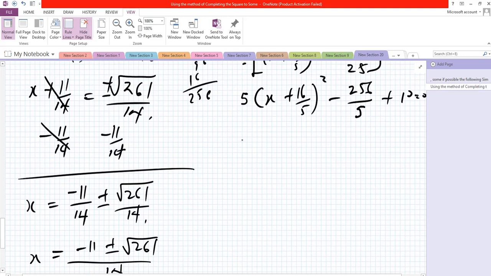Now we have 5 bracket open x plus 16 all over 5 all squared minus, this will now be 50.